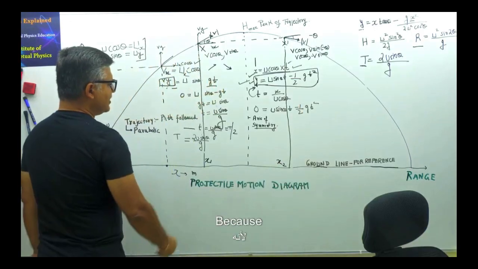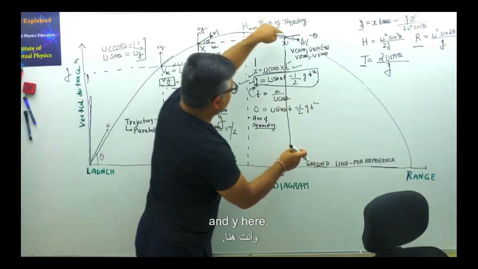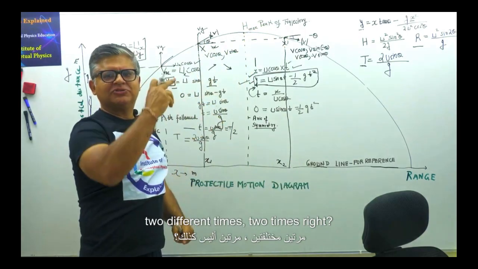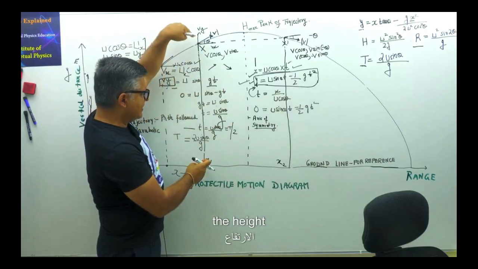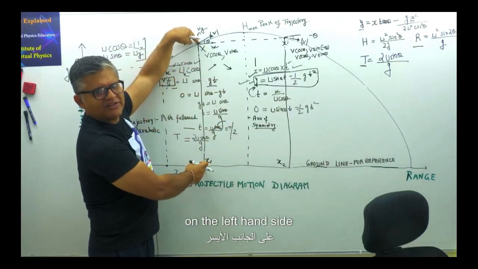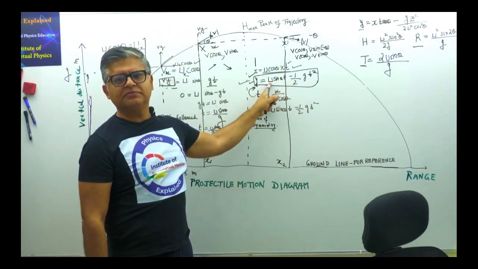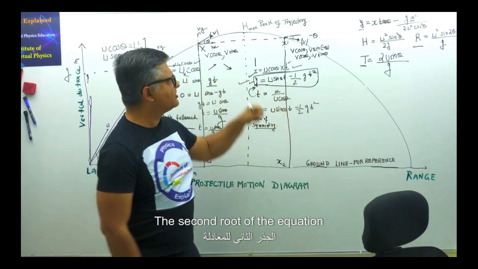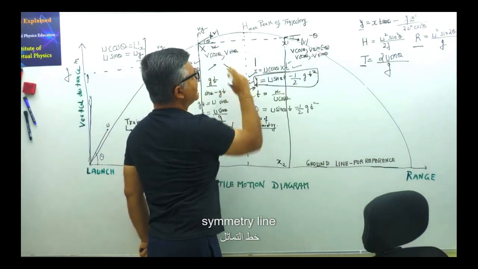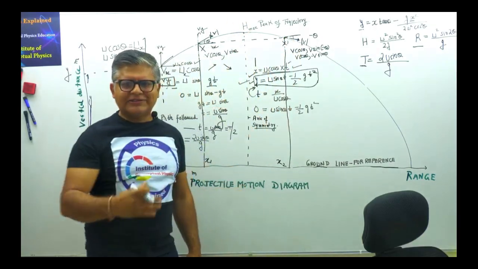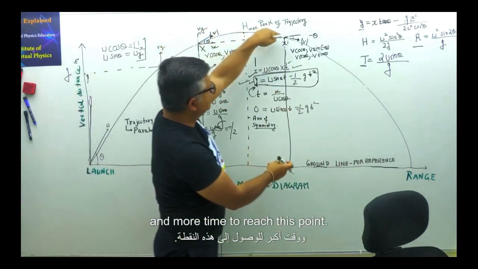Why? Because you are achieving a displacement of y here and y here, two times. So the first time you achieve the height, on the left-hand side, is a root of this equation. The second root of the equation is here. You're moving across the symmetry line, and time has elapsed. It takes less time to reach this point and more time to reach this point.